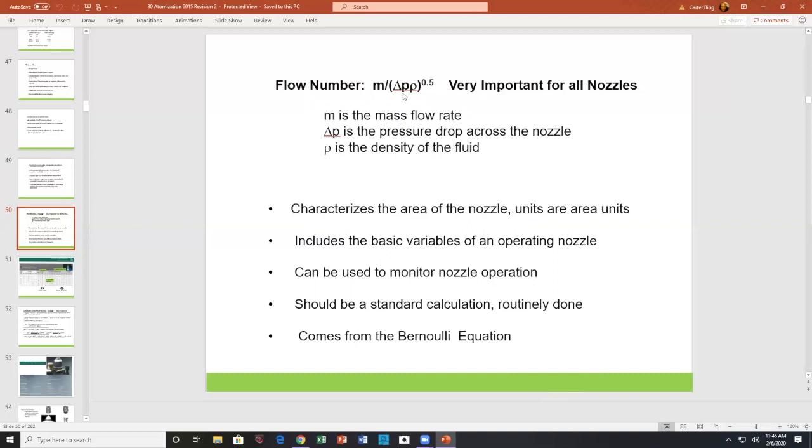And divided by, now density times pressure drop suddenly becomes rho V squared. So in here, this term is actually rho squared V squared. Taking the square root gives you rho V. So in a sense, I got rho VA in the numerator and rho V in the denominator. So what's left is the area.